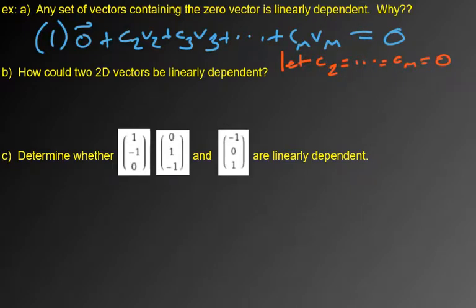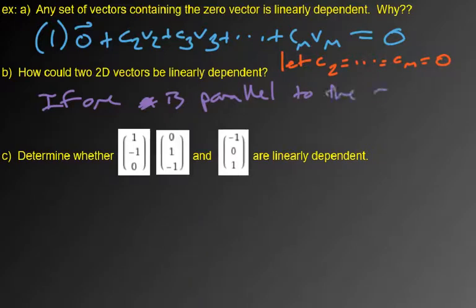So two 2D vectors can be linearly dependent basically if one is parallel to the other, or in the sense of vectors, like v1 equals some scalar times v2.